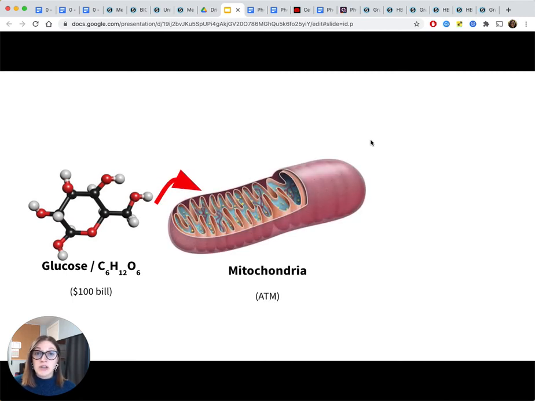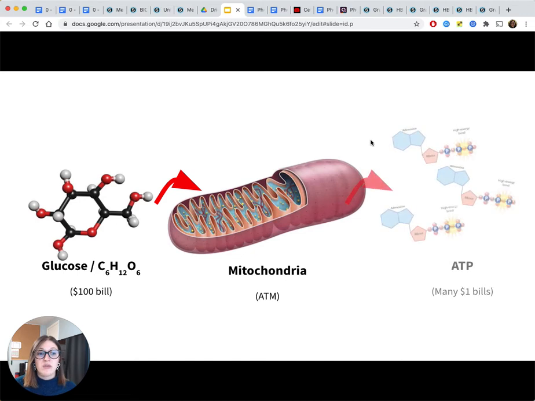That glucose molecule goes into the mitochondria, which is the ATM in this analogy. Do you remember how when we were learning about cell parts, you learned about how the mitochondria is the powerhouse of the cell and how it makes energy? This is that process. It is taking a glucose molecule and breaking it down into smaller forms of currency. And that molecule that is the smaller currency is called ATP.